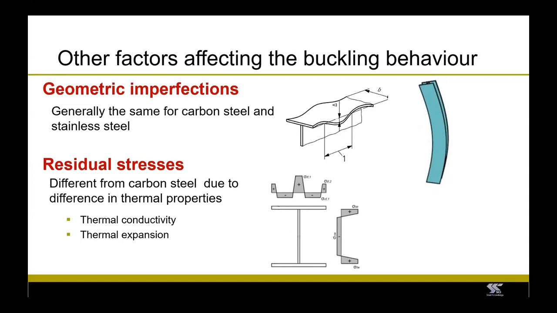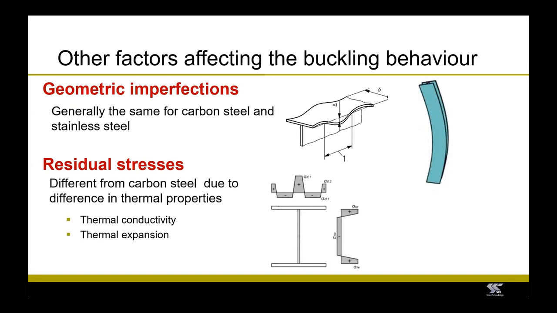So imperfections at a cross-section level will affect the local buckling resistance of the cross-section. And they will include, for example, the out-of-plane imperfections of the flanges or the web. Imperfections at a member level include the out-of-straightness of a column, for example, which will affect its flexural buckling resistance.